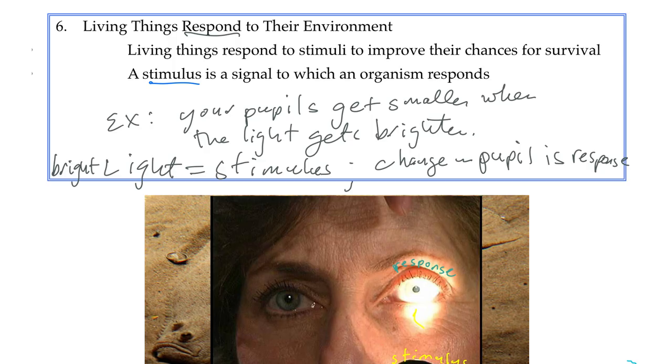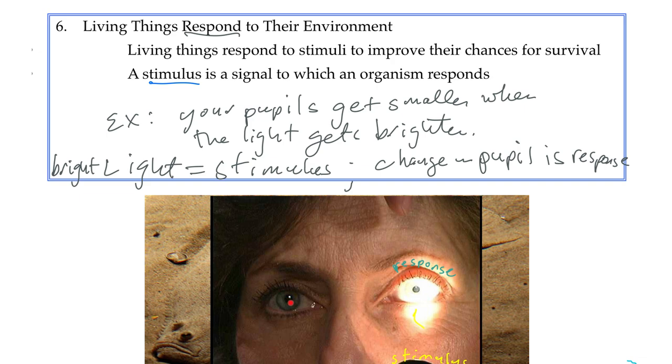Another property of any living thing is that they respond to their environment. So, what is responding? Responding is reacting. For example, in this picture, we see this lady's pupil, the little hole opening for the light in your eyeball.